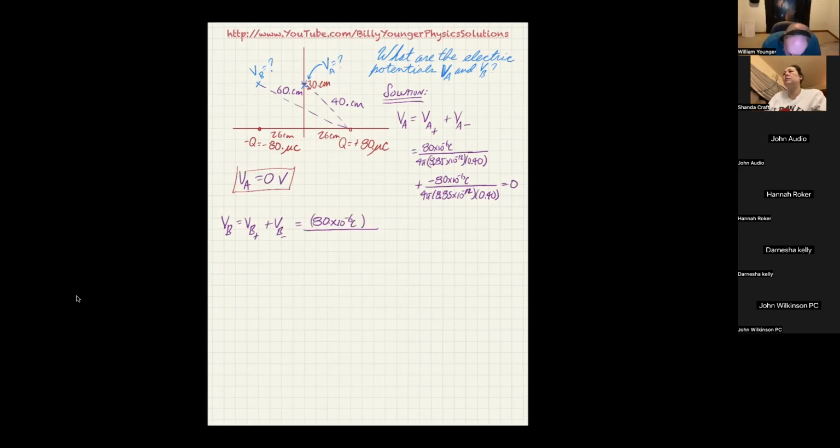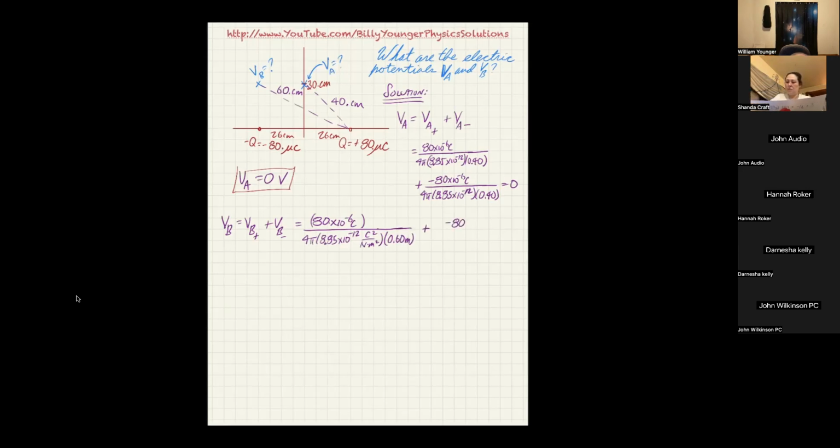That's due to the positive one, so we have 4 times pi times 8.85 times 10 to the negative 12th coulomb squared per newton meters squared, which you could rewrite in terms of volts. That comes in kind of handy, but we don't have to. Now I'm going to multiply it by the distance, which from the point B is 0.60 meters.